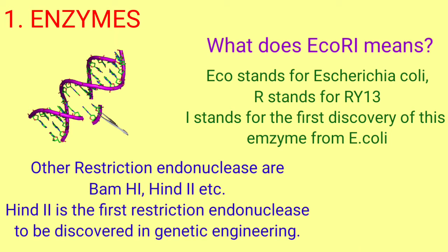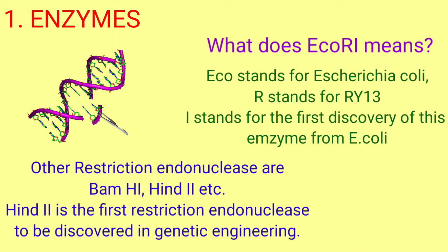So in that way, there are several groups of restriction endonuclease, and out of that, HindII is another restriction enzyme, which was the first restriction endonuclease discovered. HindII was first extracted from the bacteria Haemophilus influenzae, and the strain is Rd.